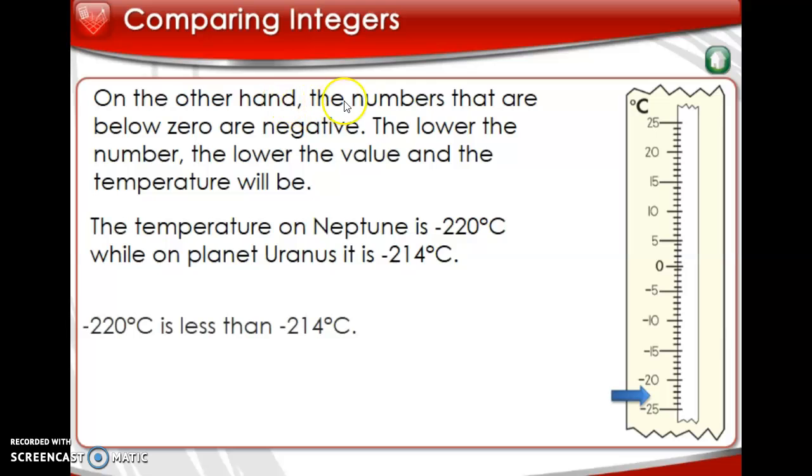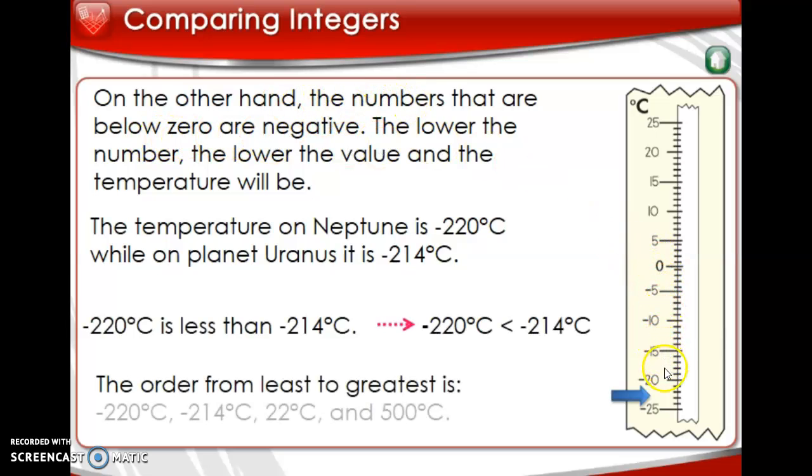On the other hand, the numbers that are below 0 are negative. The lower the value, the lower the temperature. On Neptune it is negative 220 Celsius degrees, while on planet Uranus it is negative 214 Celsius degrees.